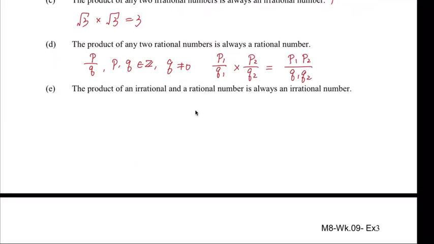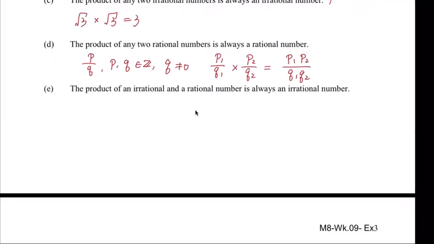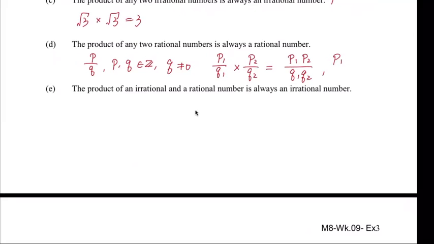Since P1, P2, Q1, Q2 are all integers, the product of P1 and P2 is also an integer. The product of Q1 and Q2 is also an integer, which means this number is also a rational number, right?